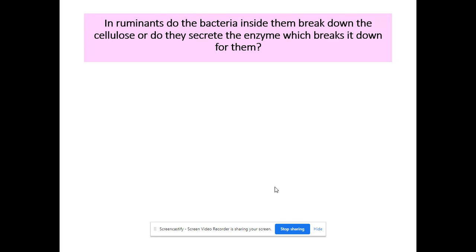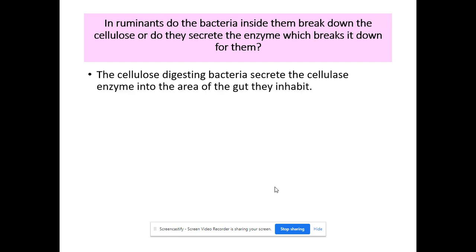In ruminants, do the bacteria inside them break down the cellulose, or do they secrete the enzyme which breaks it down for them? The key thing about ruminants, or any animal that wants to break down cellulose, is it's got to have cellulose digesting bacteria inside its gut structure somewhere. The cellulose digesting bacteria secrete the cellulase enzyme into the area of gut that they inhabit.